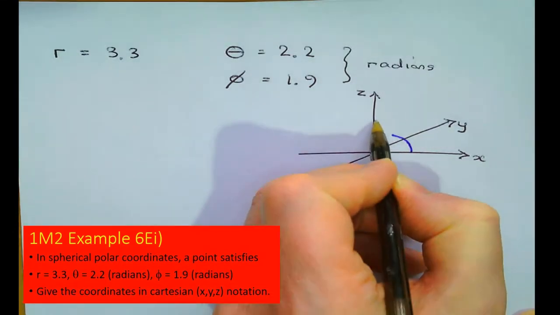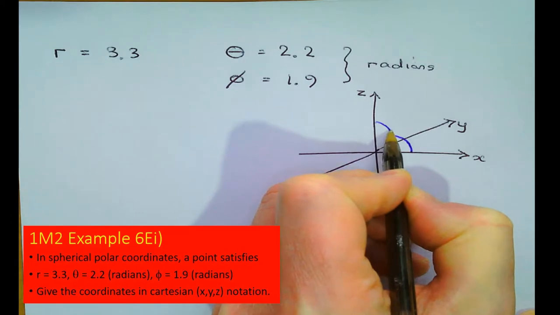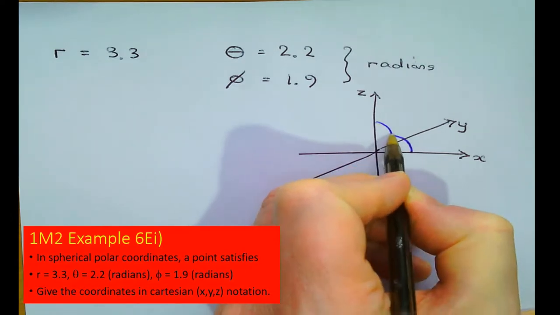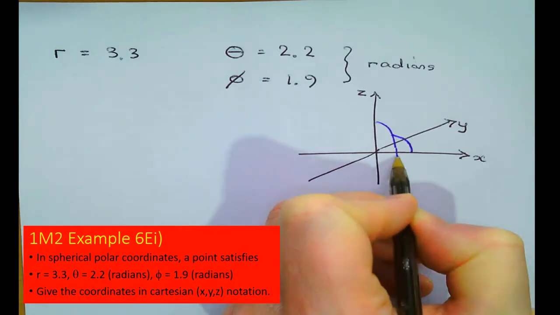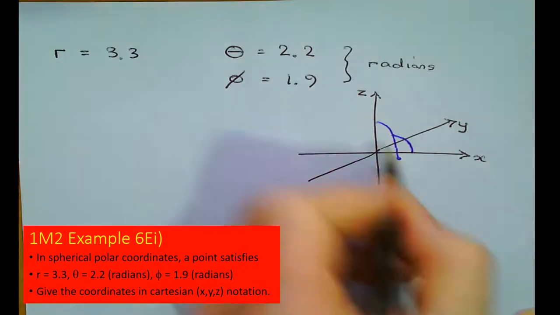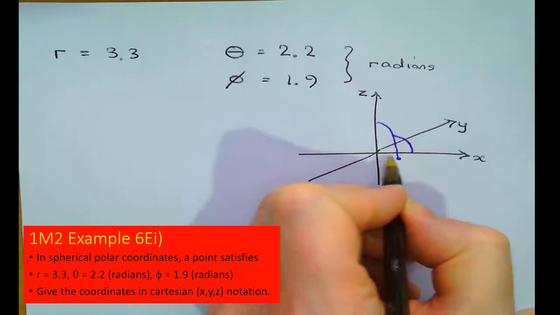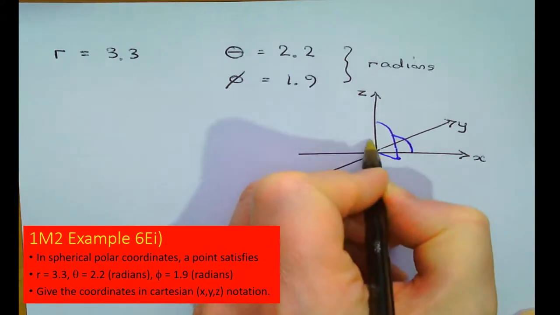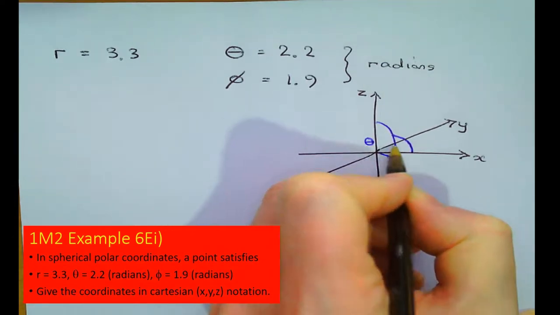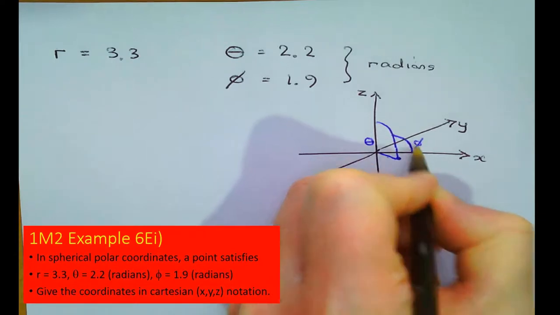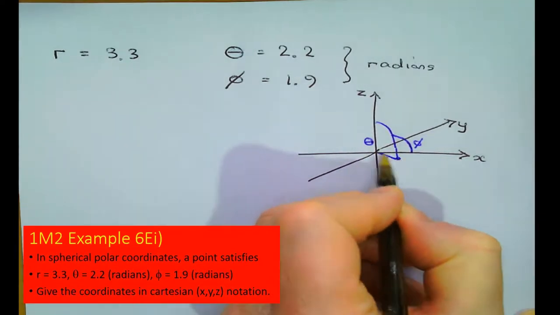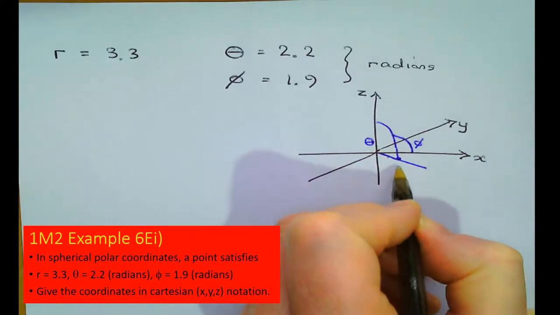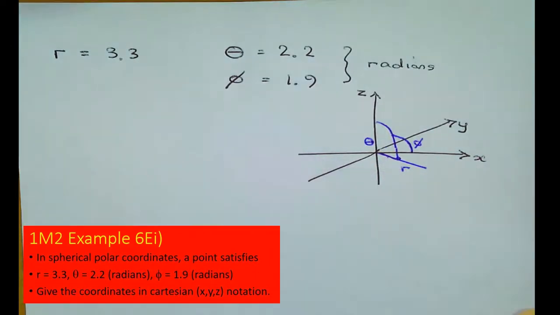And then theta goes from the North Pole through the equator into the southern hemisphere, where z is going to be negative. So we have our angle theta here, we have our angle phi given in the xy plane here, and of course the distance out to the point, that will be our value of r here.